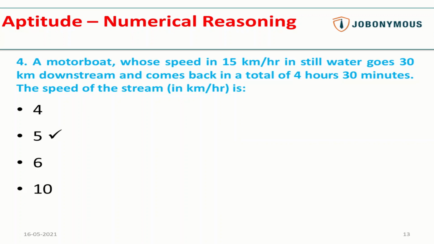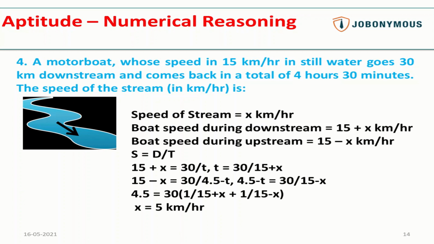You can use the simple speed equal to distance upon time formula for this. Assume that this is the stream of the river and its flowing velocity downstream is x. When the boat is traveling downstream, its speed will be 15 plus x km per hour. And when the boat is traveling upstream against the stream, it will be 15 minus x.